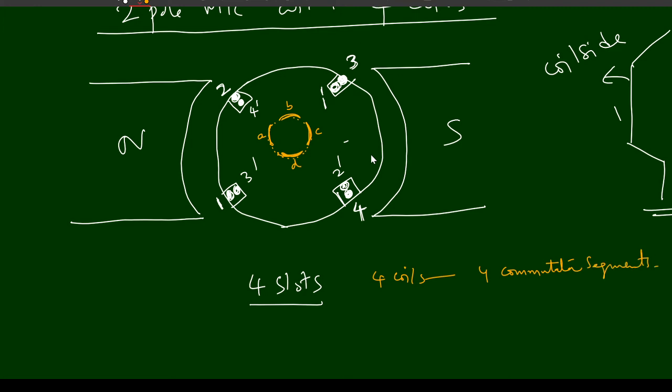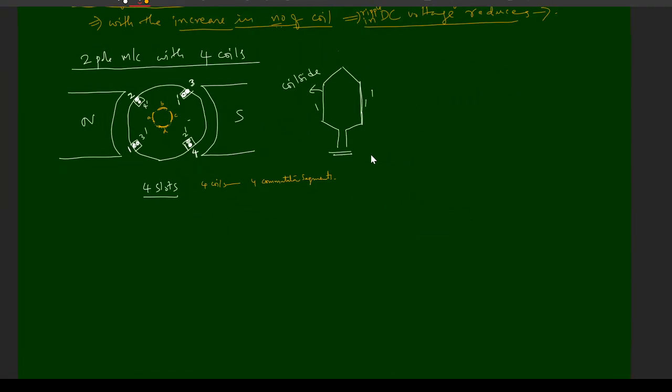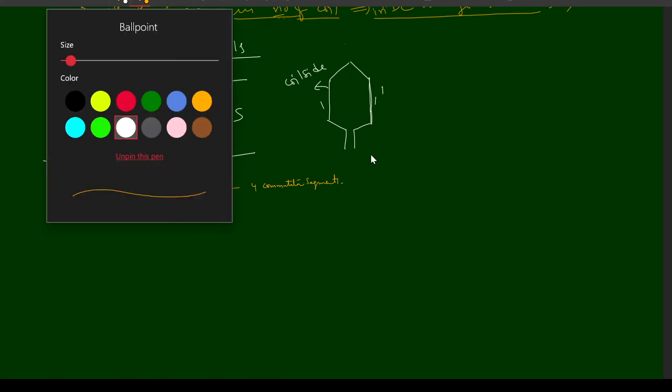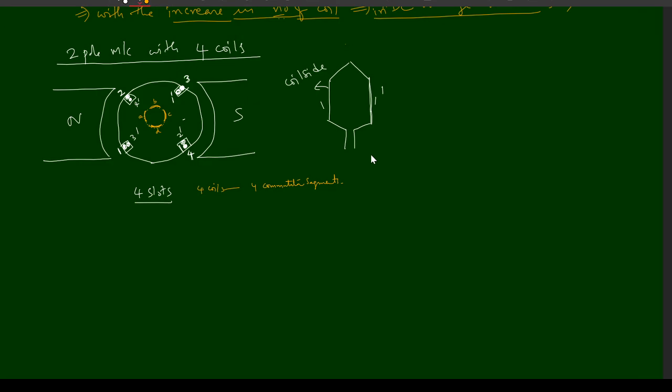Now I am going to join the coils to the commutator segments like this.